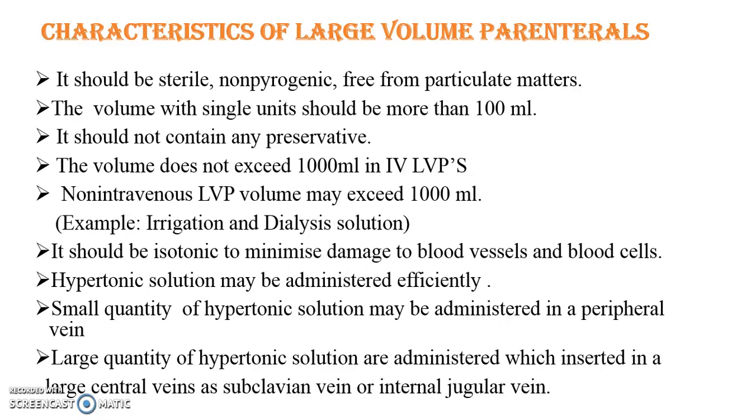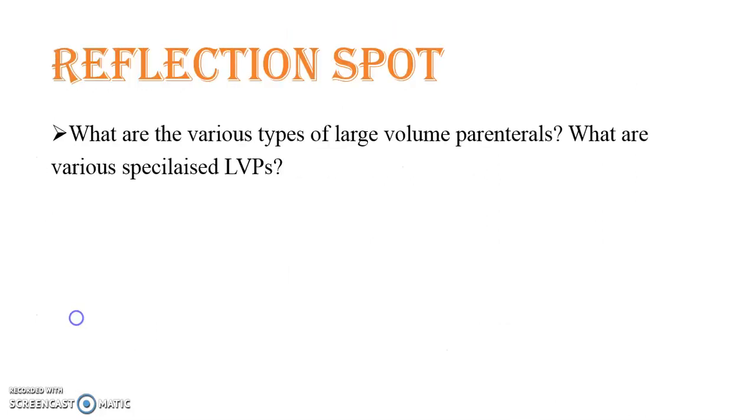But whenever we have to inject a large quantity of hypertonic solution, it can be inserted directly into a large central vein, that is the subclavian vein or the internal jugular vein. This is because the high blood content will directly dilute the LVP when we inject it in a large quantity.